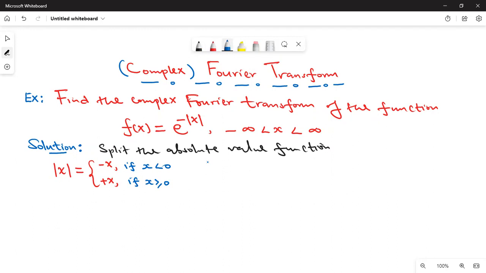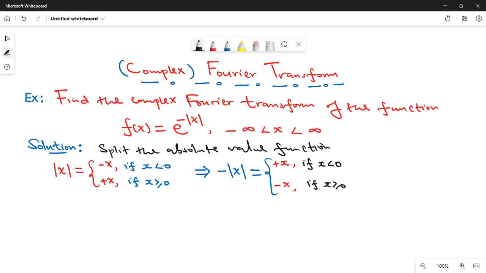Therefore, we have the negative of that absolute value. This will now be this function: positive x or negative x, if x is less than 0, if x is greater than or equal to 0.